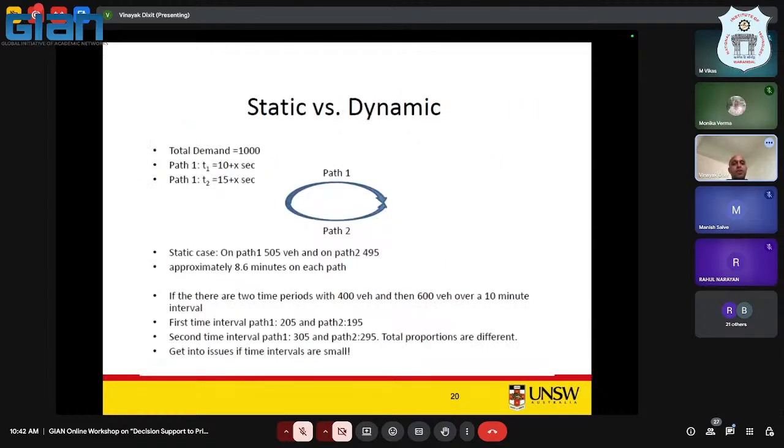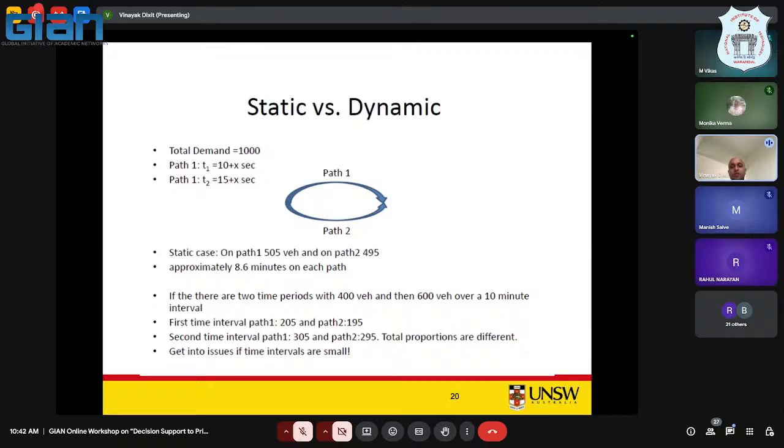So path 1 has a travel time of 10 plus x seconds, and path 2 has a travel time of 15 plus x. In the static case, path 1 will have 505 vehicles and path 2 will have 495 vehicles. Now let's assume there are two time periods, 400 vehicles and 600 vehicles over a 10-minute interval.